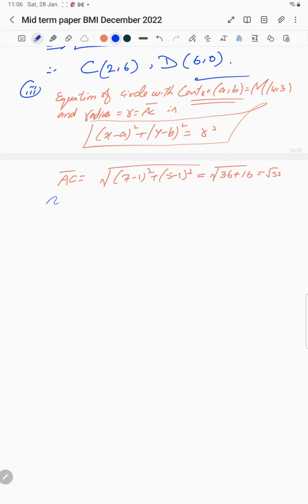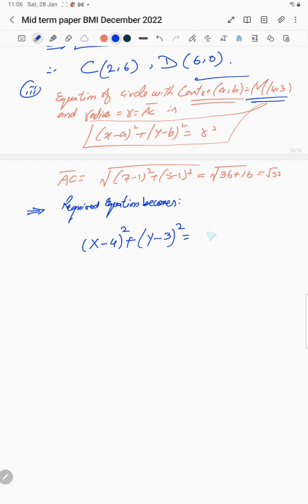So finally my answer, the equation of the circle, the required equation becomes x minus a whole square plus y minus b whole square is equal to R square.